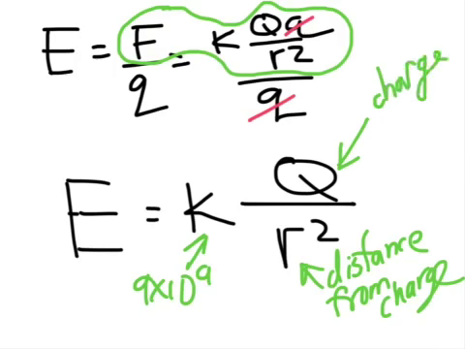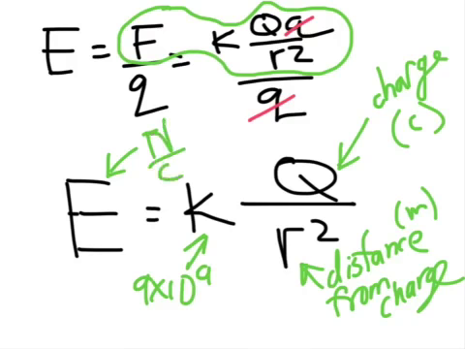We would measure charge in coulombs, measure the distance in meters, and K has units so that the electric field ends up being units of force per charge, so newtons per coulomb. Newtons per coulomb, units for electric field strength.